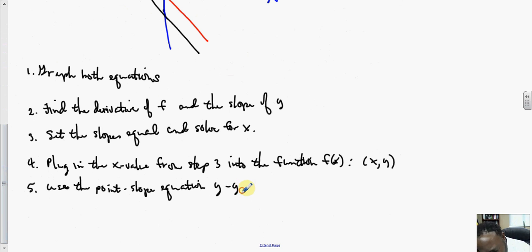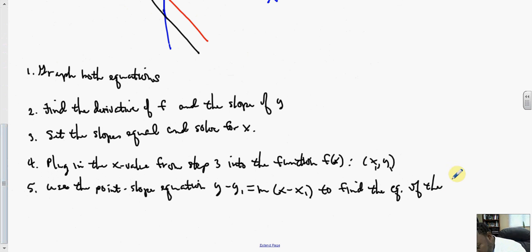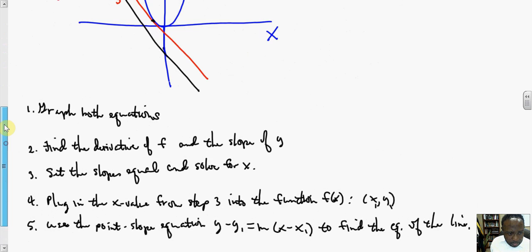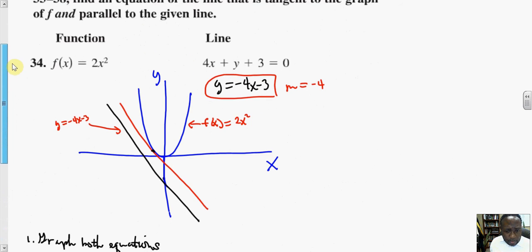That is y minus y sub 1 equals m times x minus x sub 1, where y sub 1, x sub 1 is the point. So, considering these steps, let's begin.